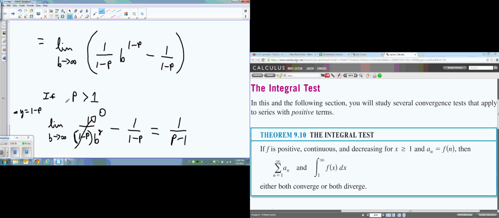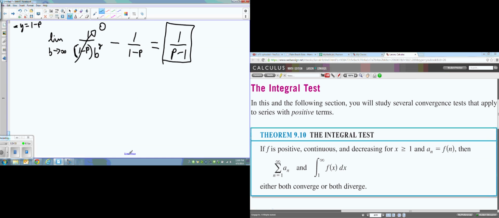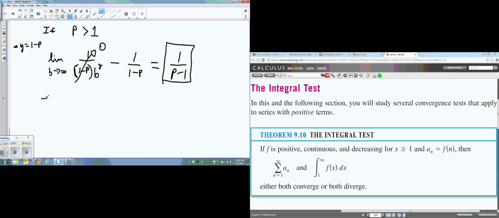So if p is greater than 1, then not only does this thing converge, but it converges to 1 over p minus 1 here. And the second case here, or I guess this would be a third case because we're already looking at a second case.